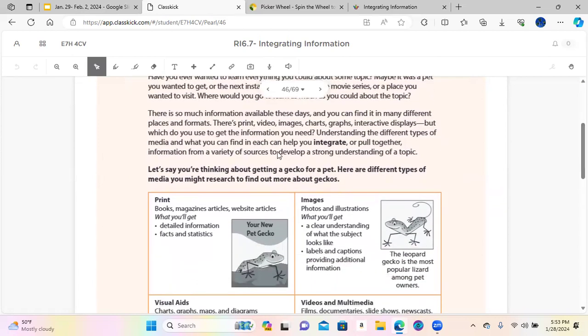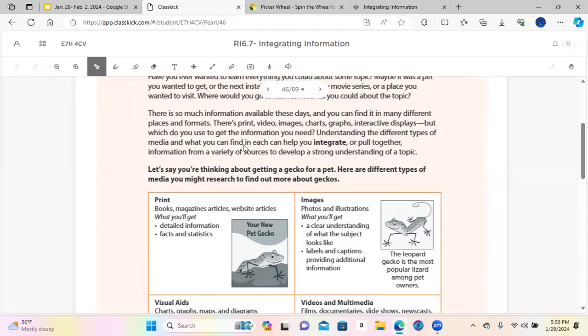There is so much information available these days, and you can find it in many different places and formats. There's print, video, images, charts, graphs, interactive displays, but which do you use to get the information you need?